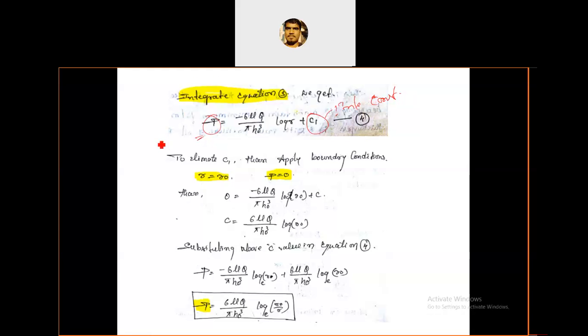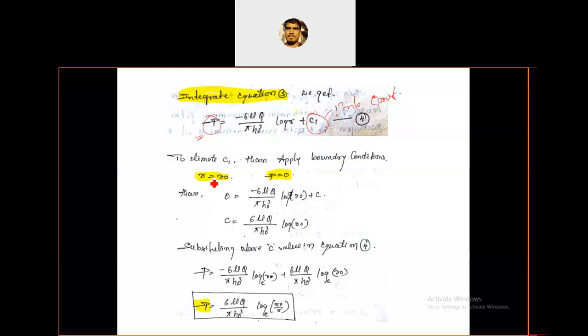To eliminate C1, apply the boundary conditions. First boundary condition: when the pressure is 0, minimum is 0, when r is equal to maximum, meaning the outside radius r naught, pressure is 0 or atmospheric pressure.